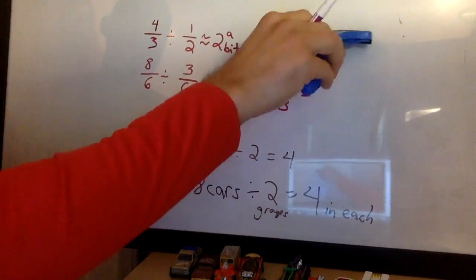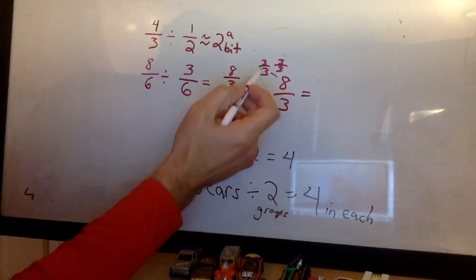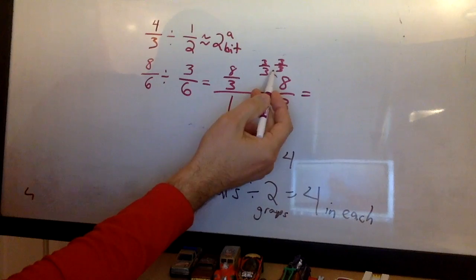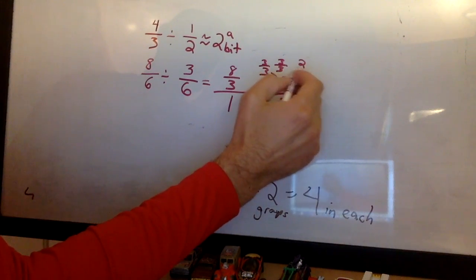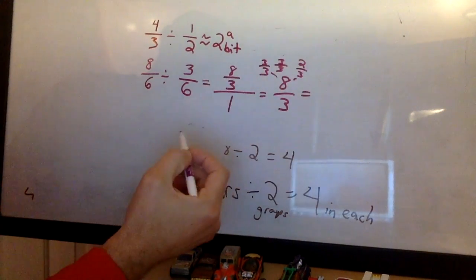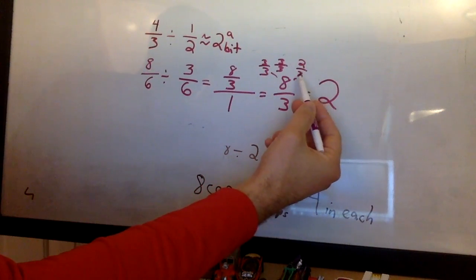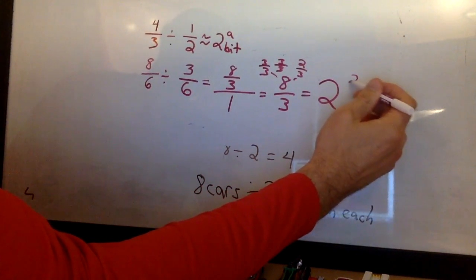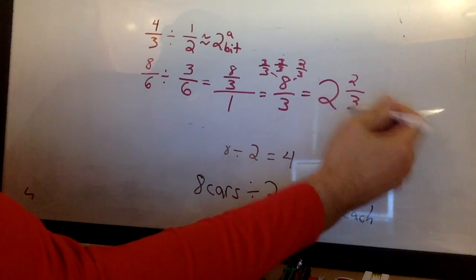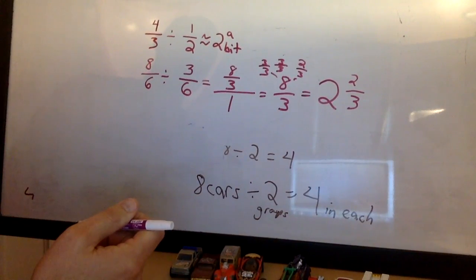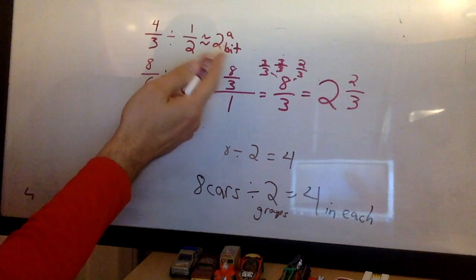Well, so far I've got 2 groups of 3/3. That's 3/3 plus 3/3, 6/3. So then I'm left with 2 other thirds hanging out there. So 3/3 and 3/3 is 2, and I'm left with 2/3, and that's my answer. And is that similar to 2 and a bit?